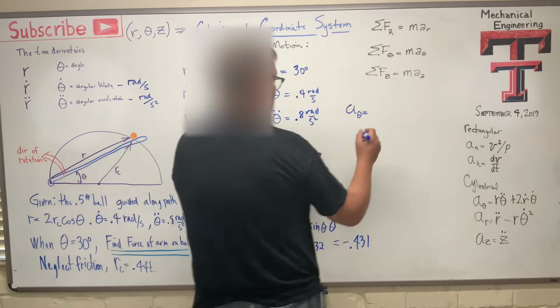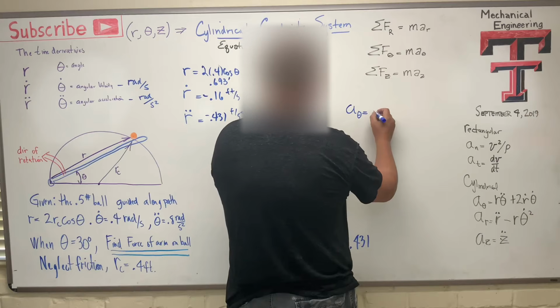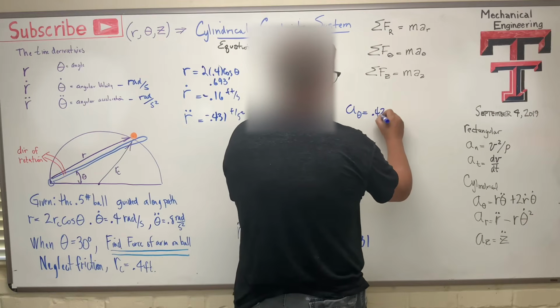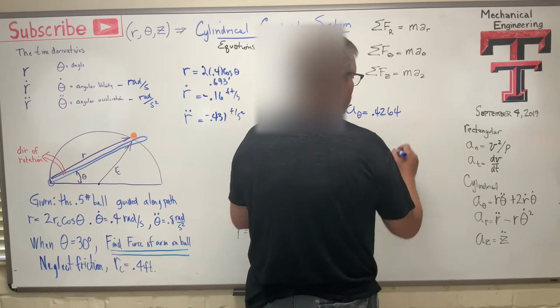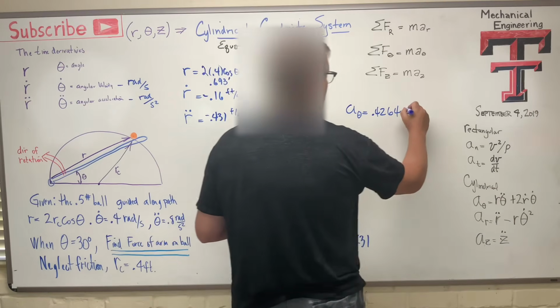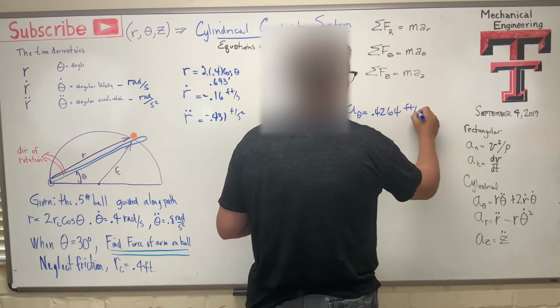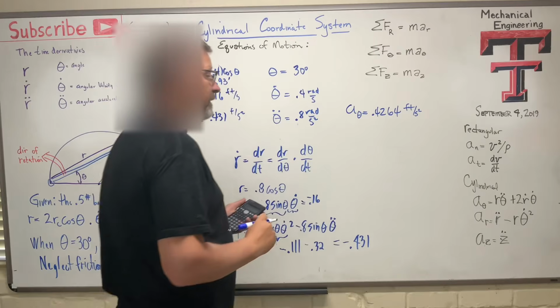So our acceleration in the theta direction is 0.4264, and that's going to be feet per second squared.